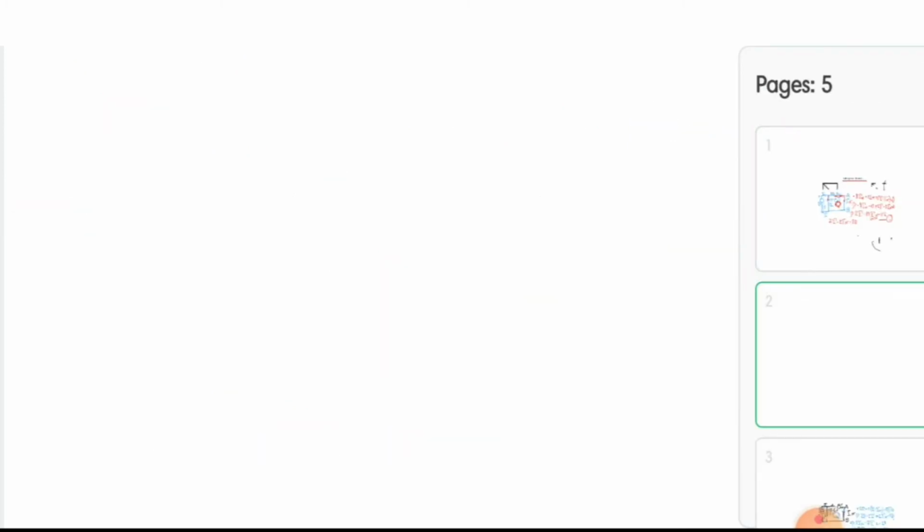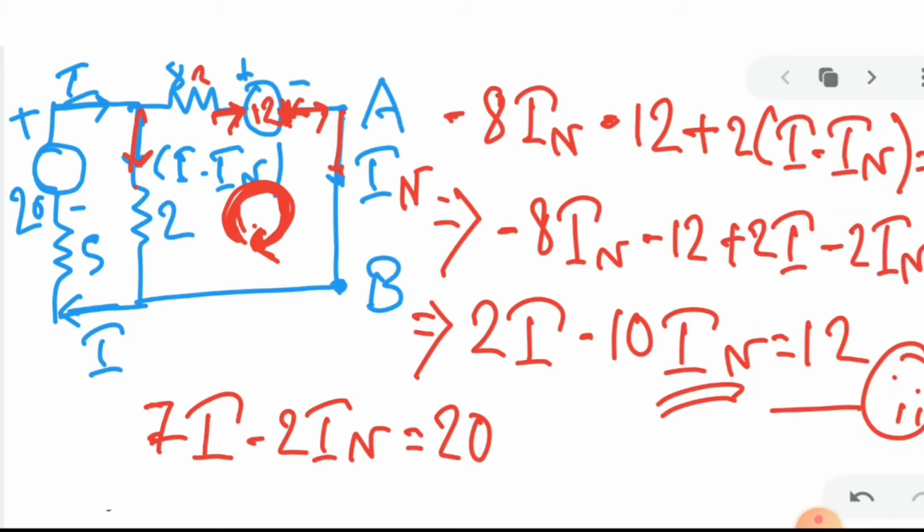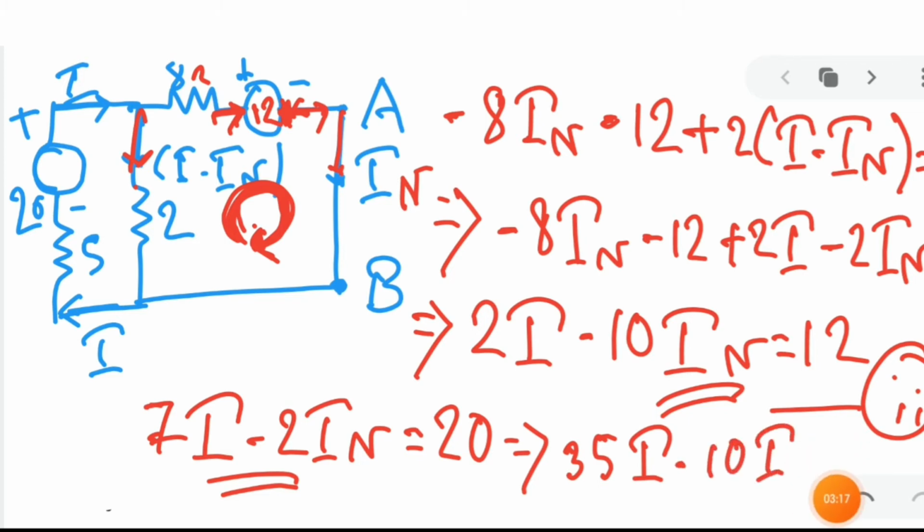So here, from this we are multiplying by 5, so 35I minus 10IN equals 100.